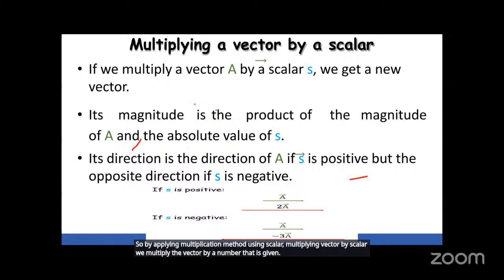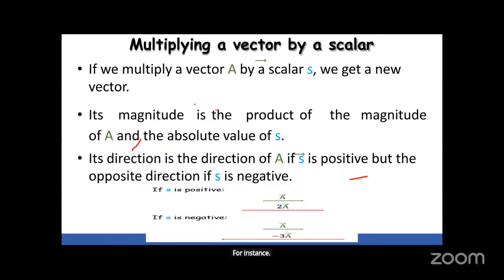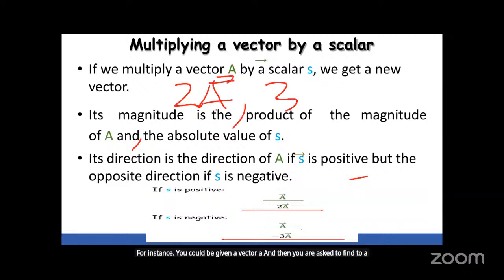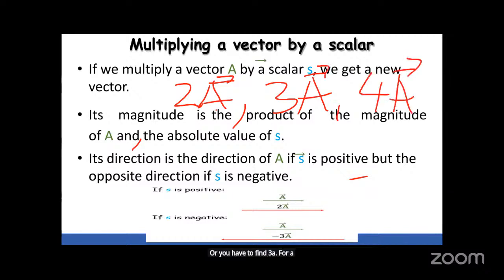For instance, you could be given a vector A, and then you are asked to find 2A, or 3A, or 4A, and so on. So here, 2 is the scalar, and A is the vector.